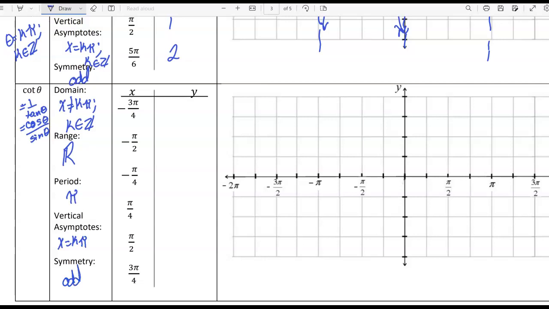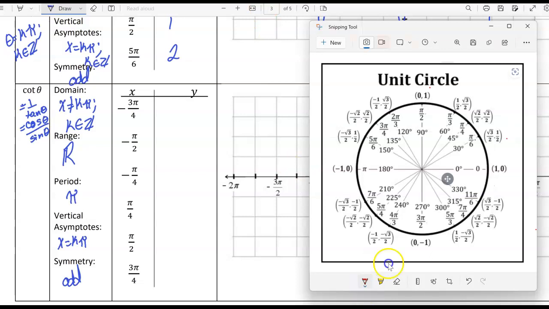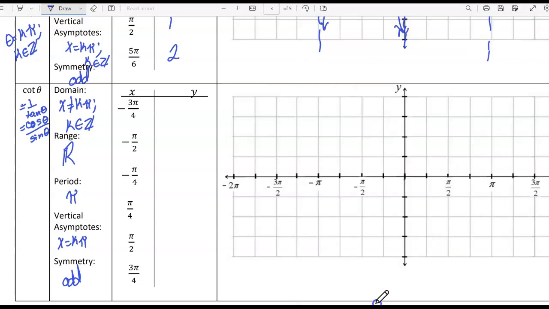This also is going to be an odd function. Everything's odd except for the two that are even. Cosine and secant are the only two that are even. If we were to look at our unit circle, I'm looking at negative 3 pi over 4.